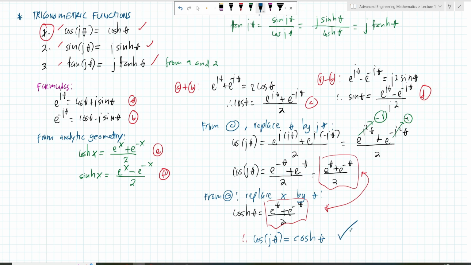So we proved it. That is the derivation of number 2. This will be included in your sheet 4.